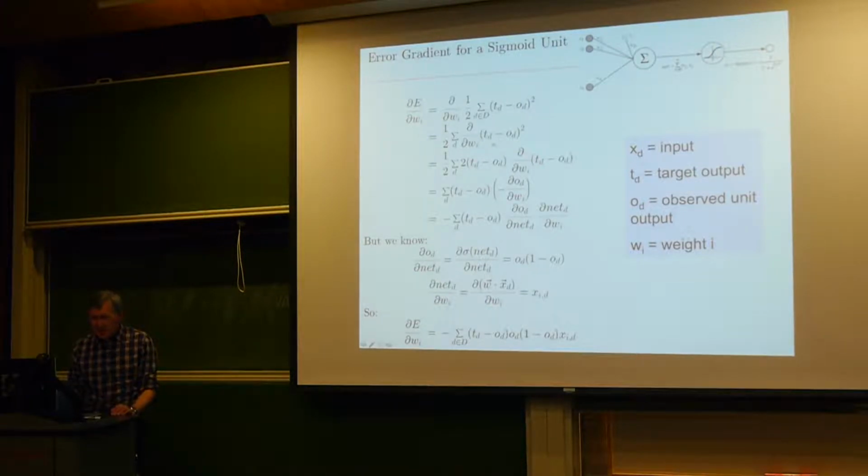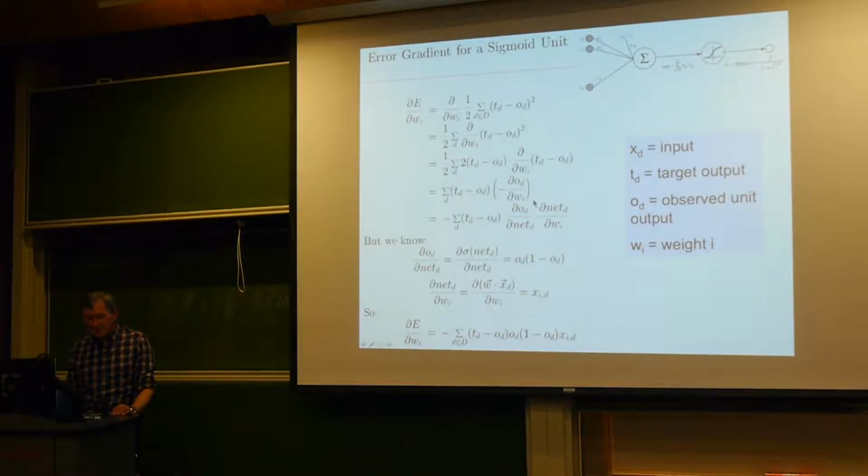So the steps are not too hard. Remember, you take the derivative of something squared by taking 2 times its derivative. And since the weight doesn't influence the target value, only the calculated output of the network, the derivative of this is just this.